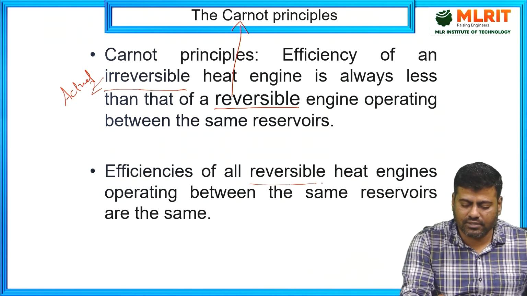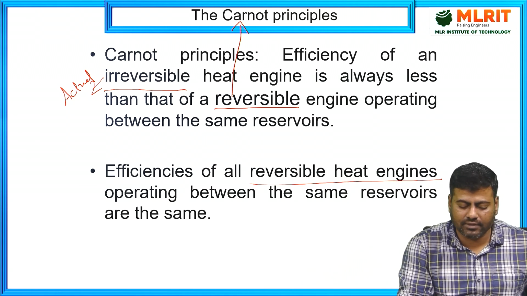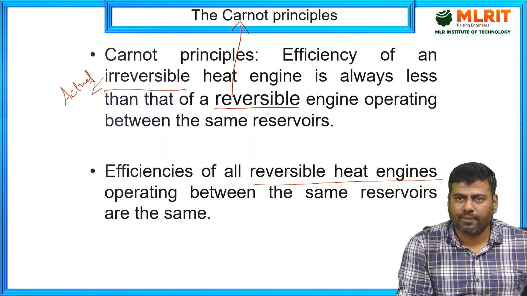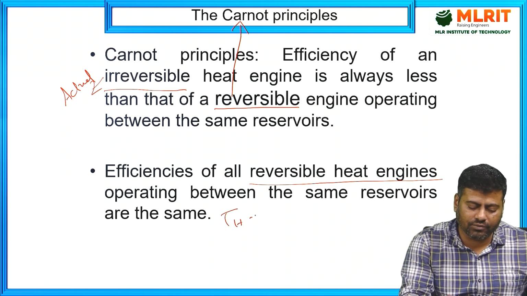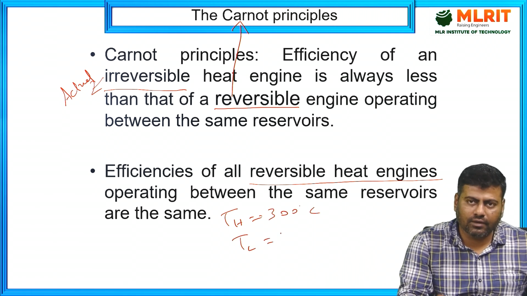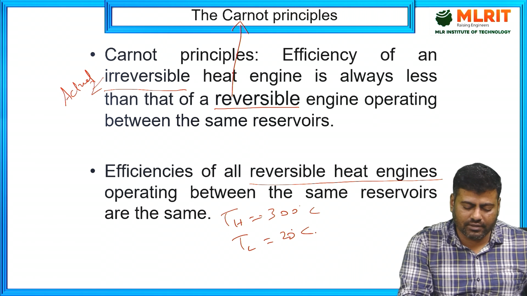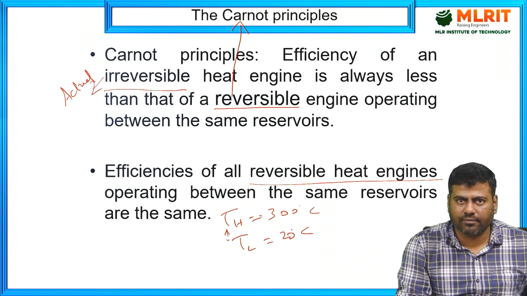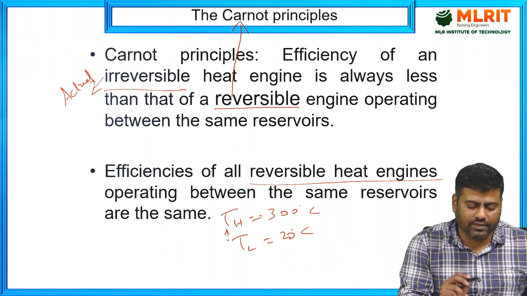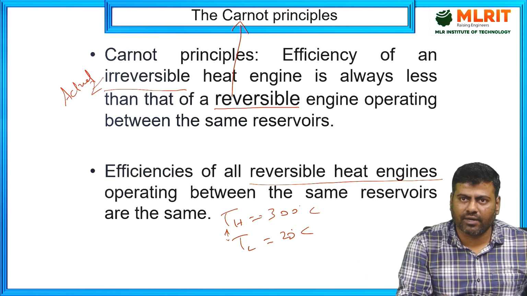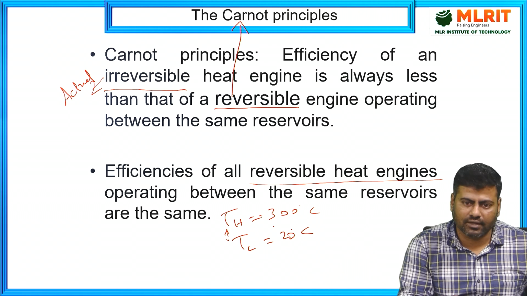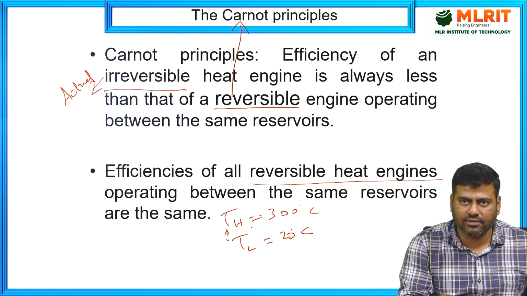The efficiency of all reversible heat engines, ideal heat engines, operating between the same reservoirs is the same. For example, if I have TH equal to 300 degrees Celsius and TL equal to 20 degrees Celsius, for these same two thermal reservoirs, if I have multiple reversible heat engines, like reversible heat engine 1, reversible heat engine 2 and reversible heat engine 3, operating between these two temperatures, their efficiencies will remain the same.